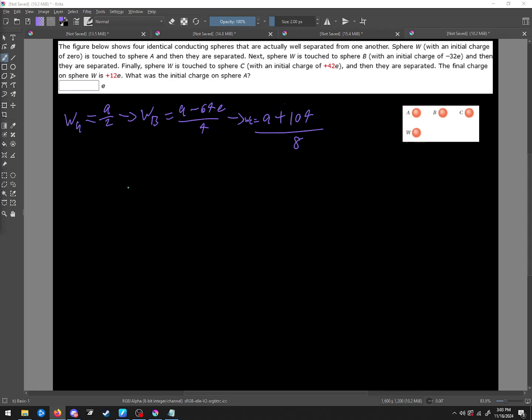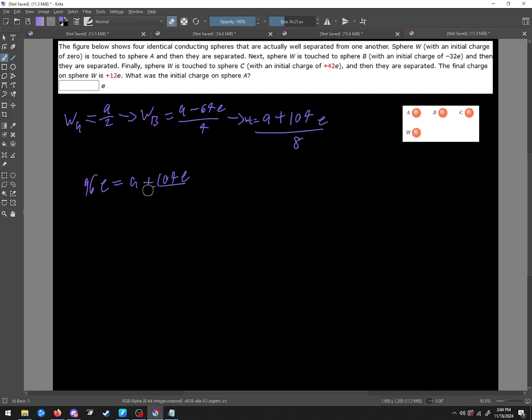And it says that W equals 12. So we have 12E equals A plus 104E all over 8. We multiply this by 8, so we have 12 times 8, so we have 96E.